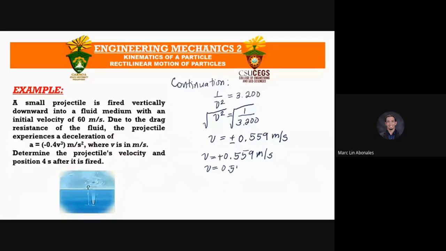Why is direction important? Because again, velocity is a vector quantity, so it has both magnitude and direction. The magnitude is 0.559 and the direction is downward. So that will be your final answer for the projectile's velocity 4 seconds after it is fired.